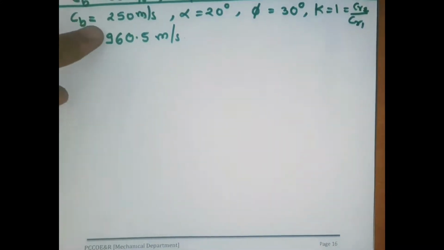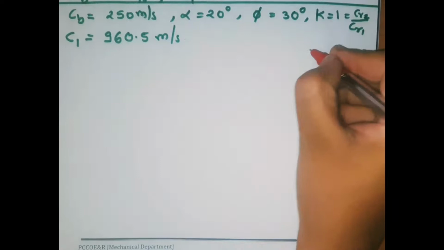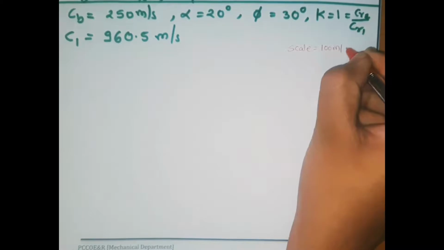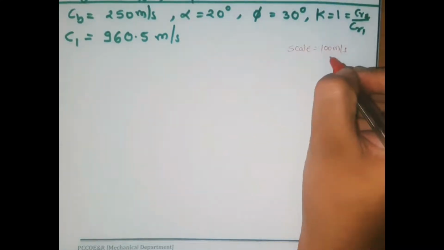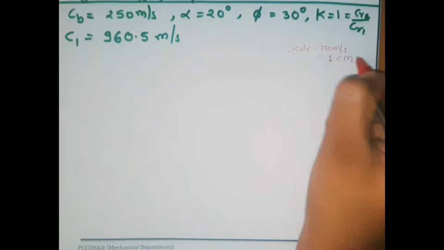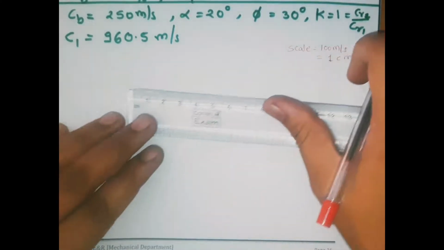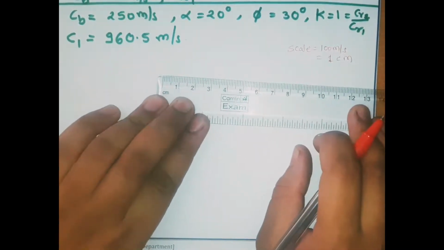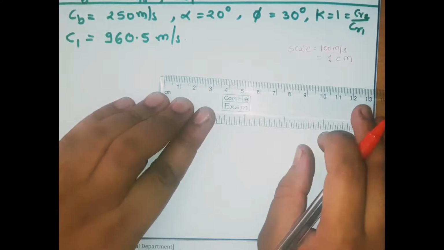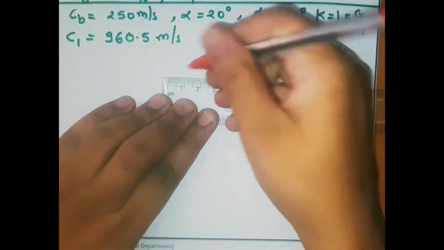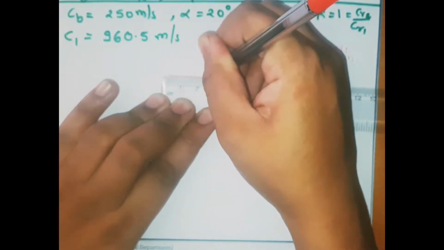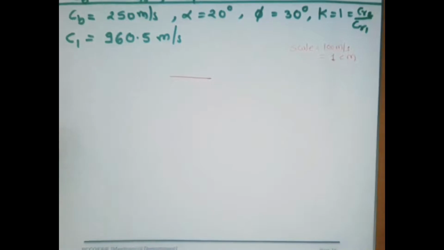Now as we can't draw 250 meter per second, let's scale it. 100 meter per second is equal to 1 centimeter. So here let's draw a CB of 250 meter per second, that means 2.5 centimeter. So this is CB, 2.5 centimeter.